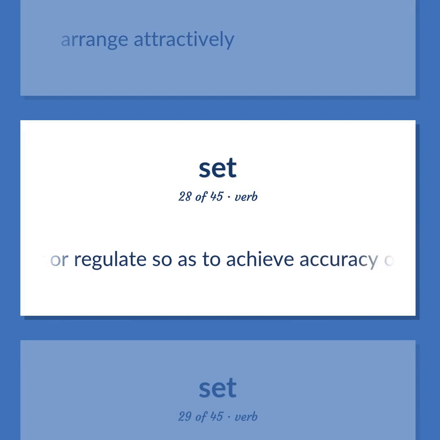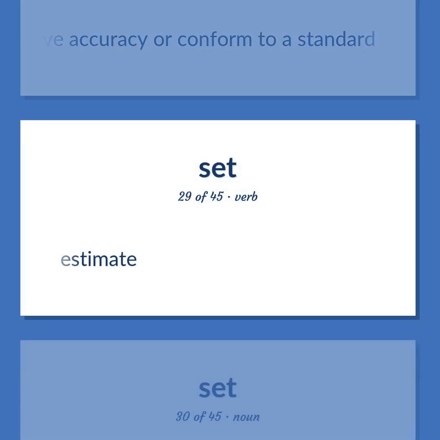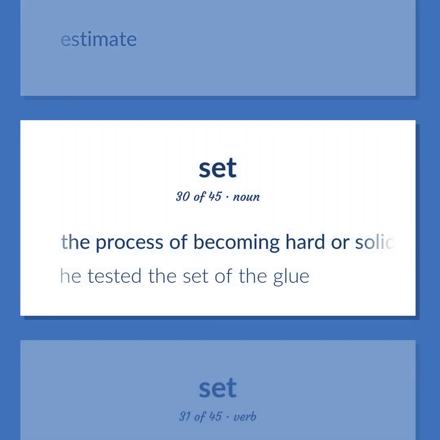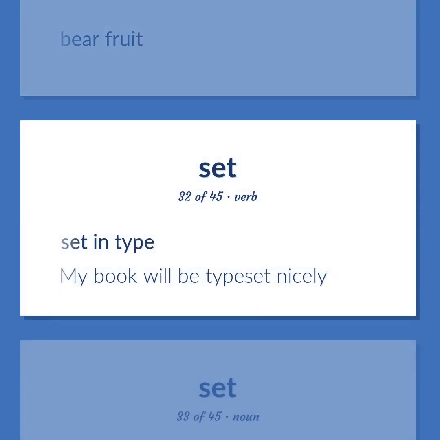Alter or regulate so as to achieve accuracy or conform to a standard. Estimate. The process of becoming hard or solid by cooling or drying or crystallization. He tested the set of the glue. Bear fruit. Set in type. My book will be typeset nicely.